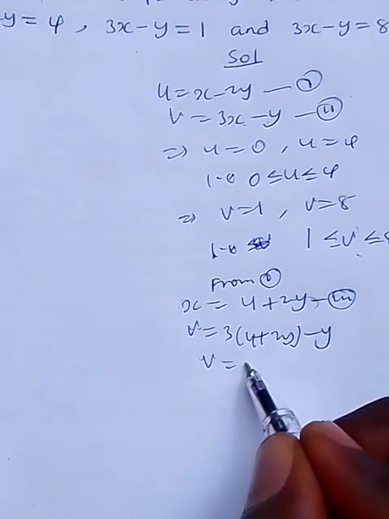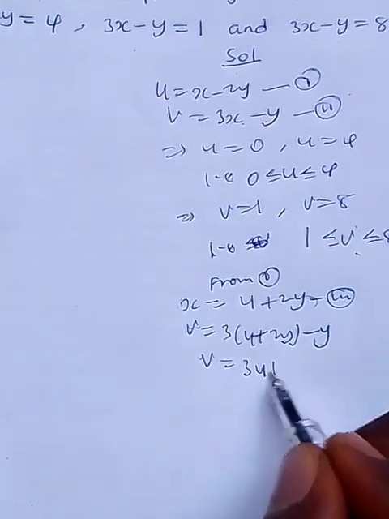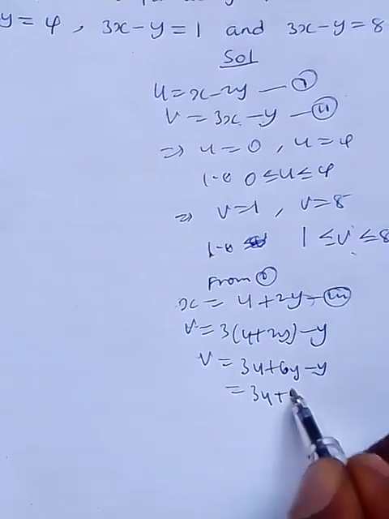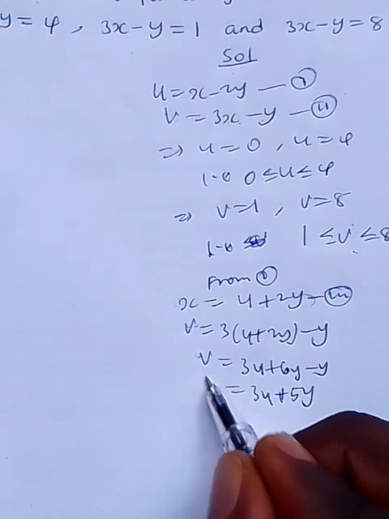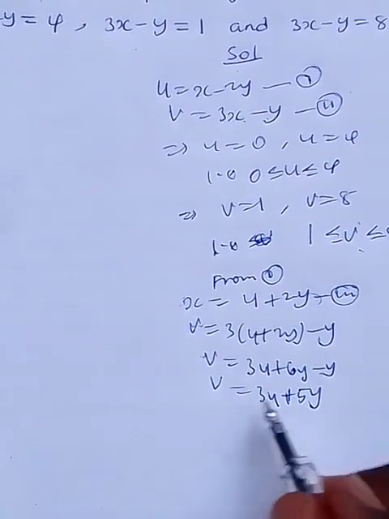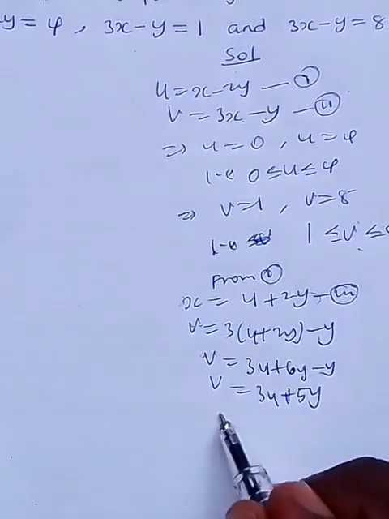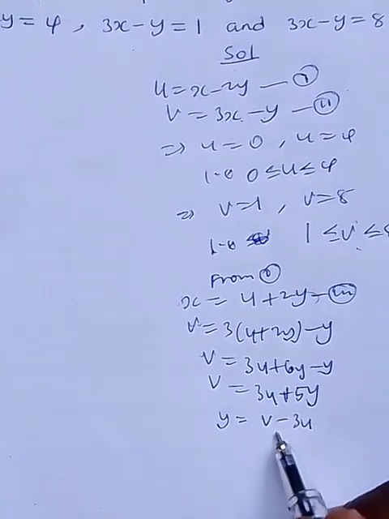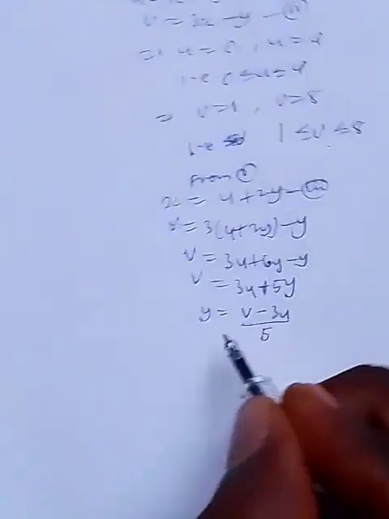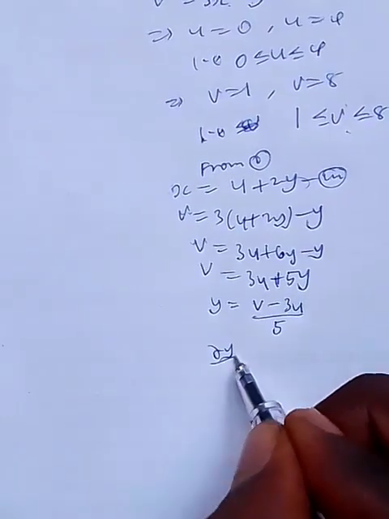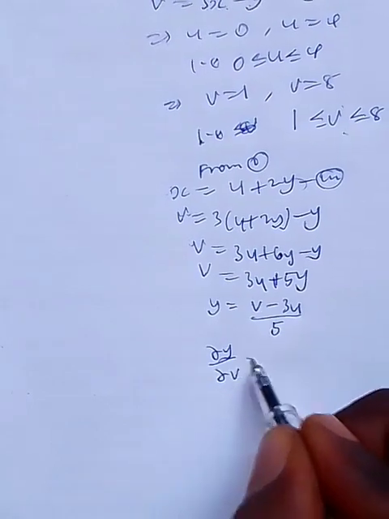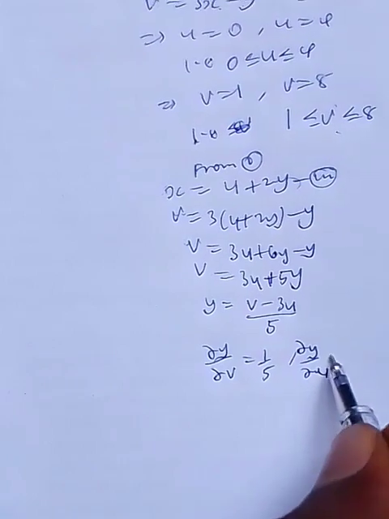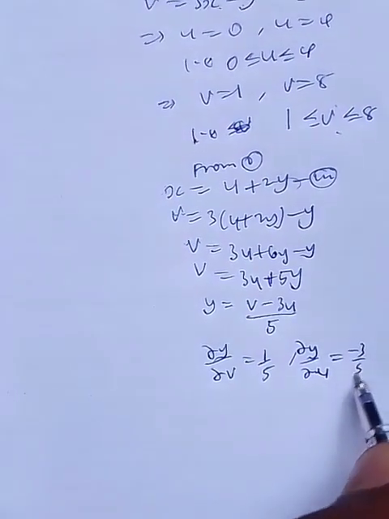If we open this, we have 3u plus 6y minus y, in which we have 3u plus 5y equals v. Making y the subject of the formula, we have y equals v minus 3u over 5. So we can now differentiate with respect to v. We have 1 over 5, and with respect to u, we have minus 3 over 5.